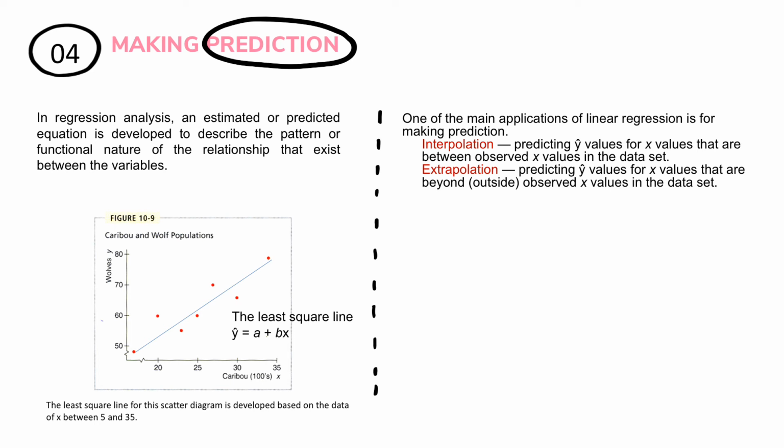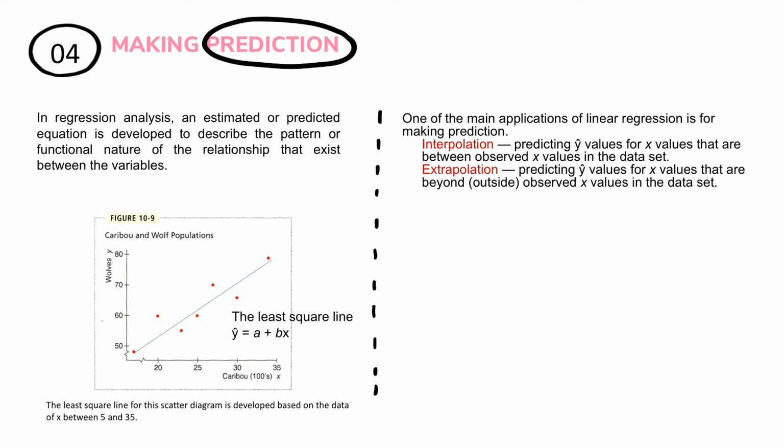Interpolation is defined as prediction of y values for x values that are between the observed x values in the dataset. For example, the least square equation shown in this slide is established using a dataset of x values from 5 to 35.